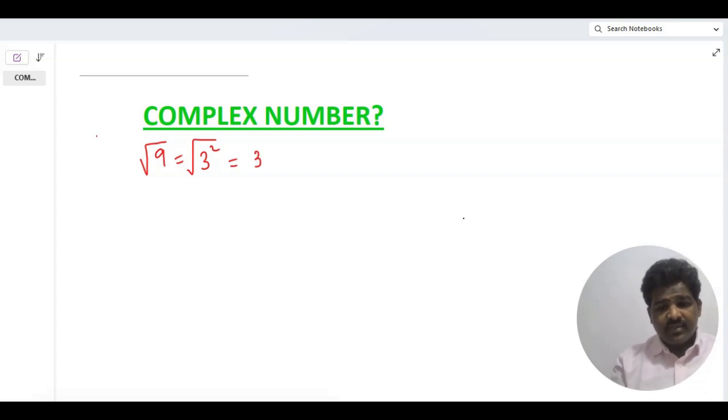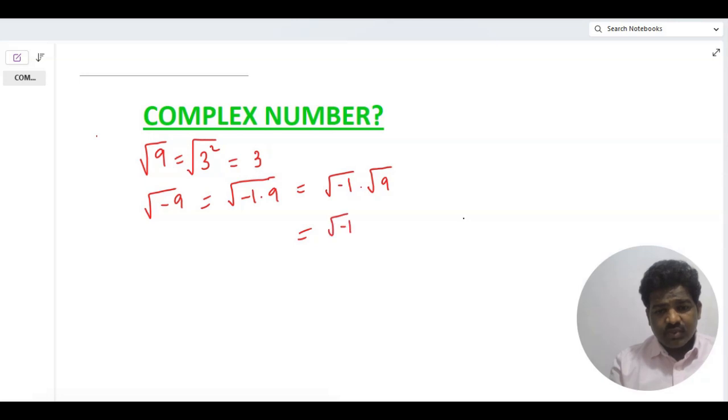Well, now you please tell me, if I write under root of minus 9, this number is not there in the real system. So when you take this as under root of minus 1 into 9, that means root a into root b form, we can write root of minus 1 into root 9.